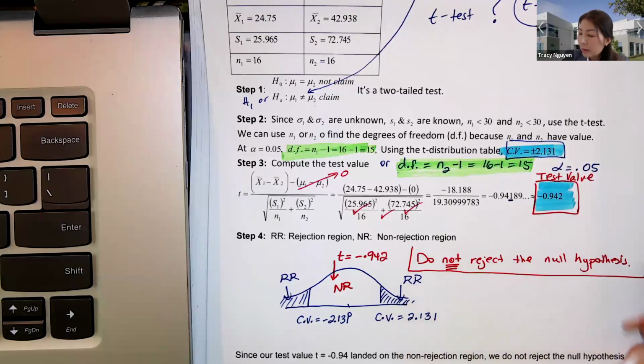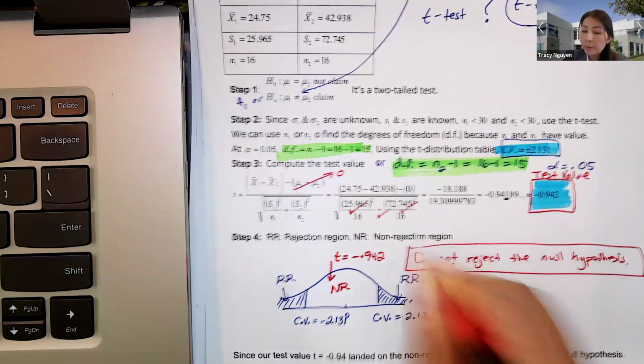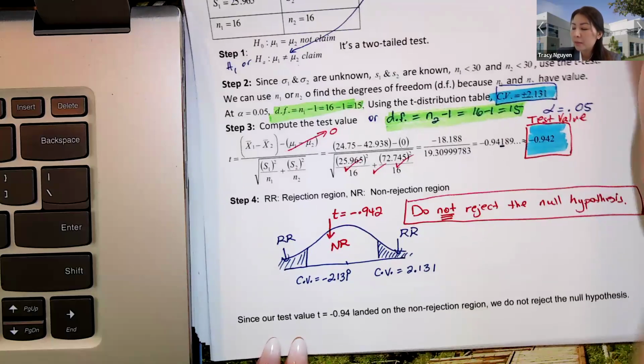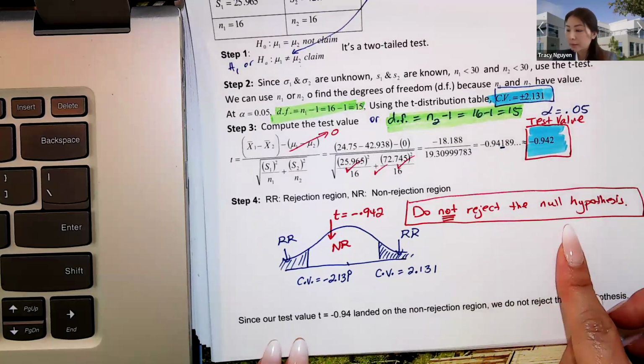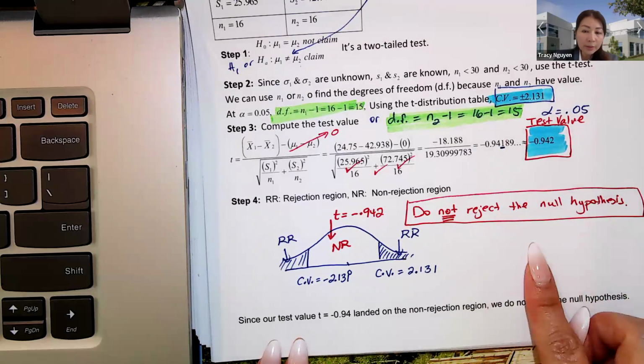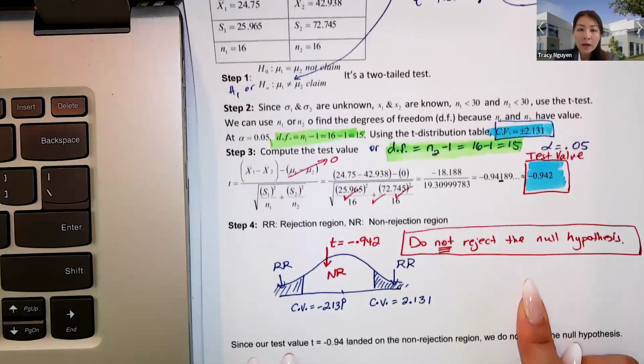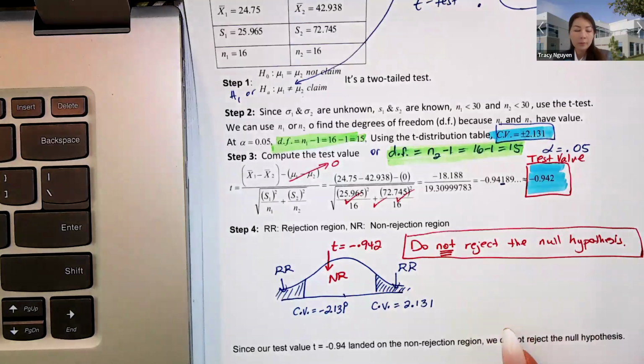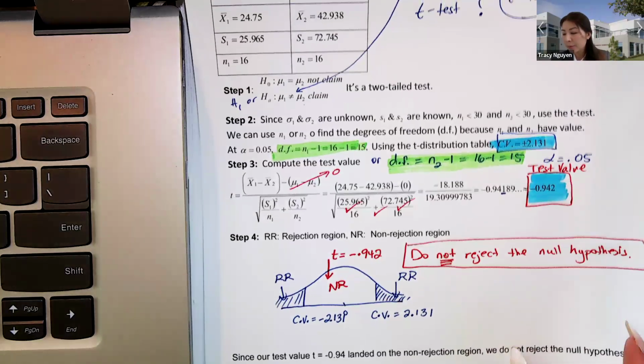And again, on ALEKS, the nice thing about this one is that you select whether to reject or not reject. So do not reject the null hypothesis. We have the word not in our decision. Our claim for the problem is H1 or Ha, so we're going to use the language of support.